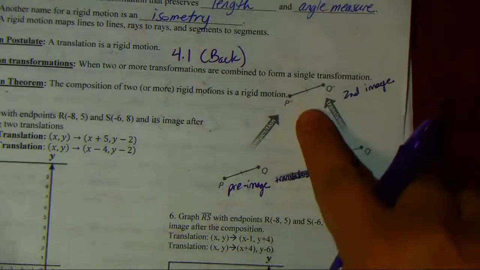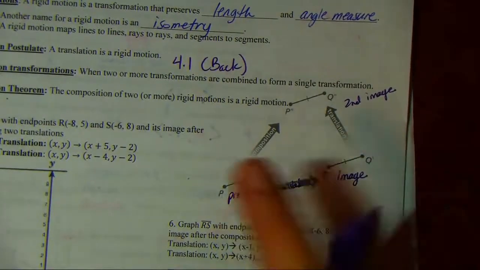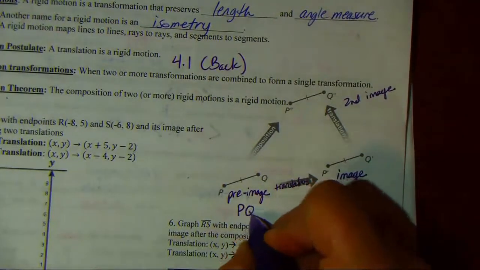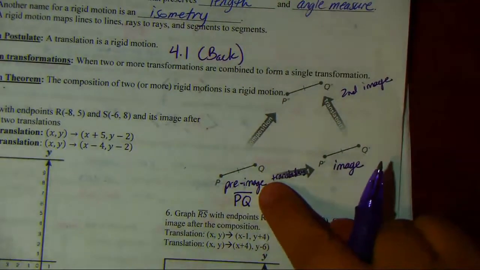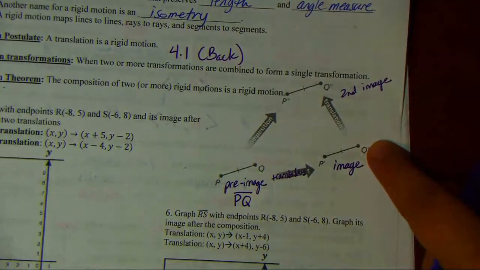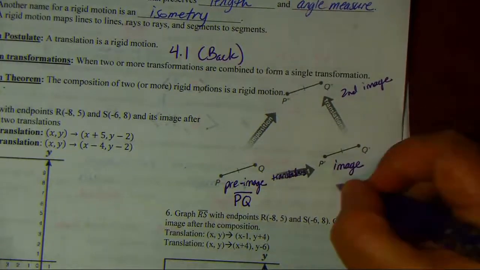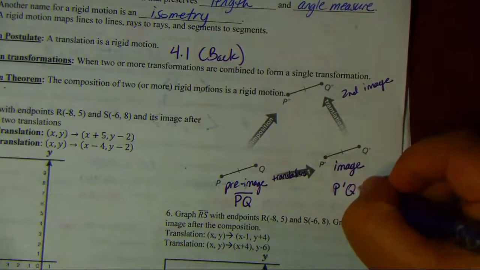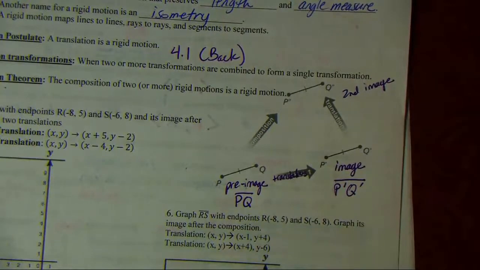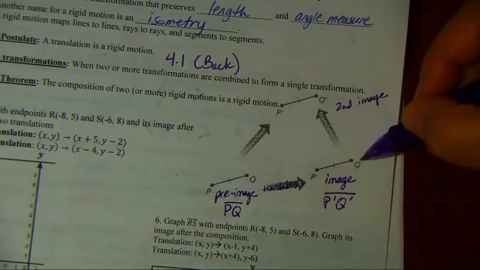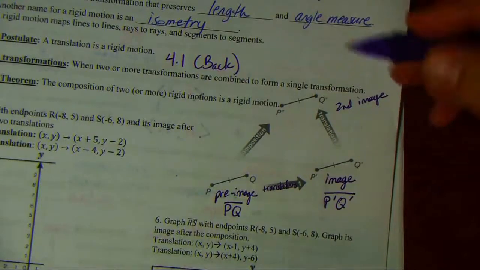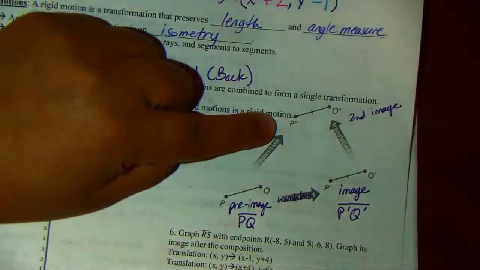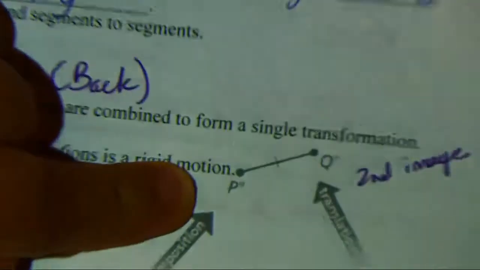I want you to pay attention here. Our pre-image is segment PQ. After the first translation, translation number one, it becomes segment P prime Q prime. And then we perform another rigid motion. Now look closely at the P and the Q here.